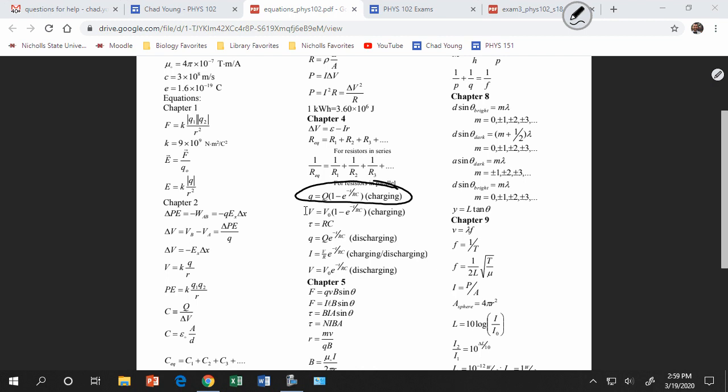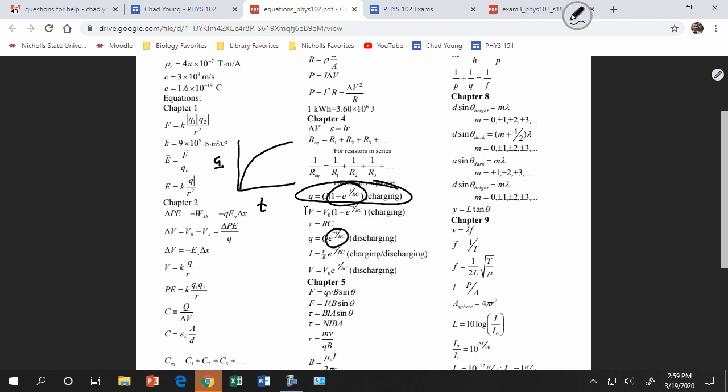That should make sense to you, because if I think about Q over T for a charging capacitor, it's going to look like that, because the charge will increase for a charging capacitor. And I know that this function right here, this 1 minus the exponential, will give me that kind of shape graph.